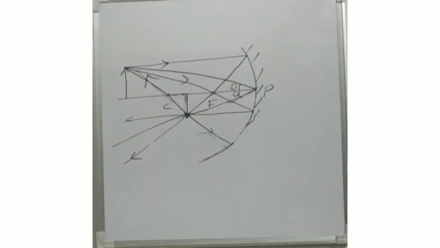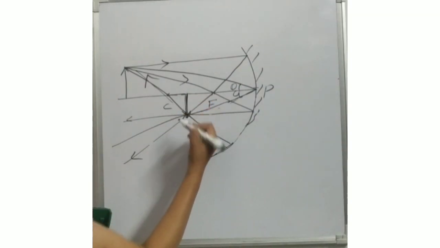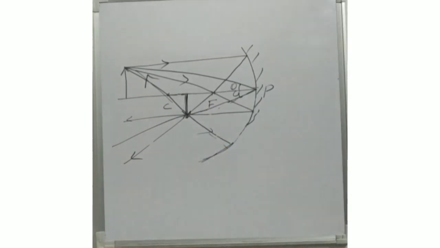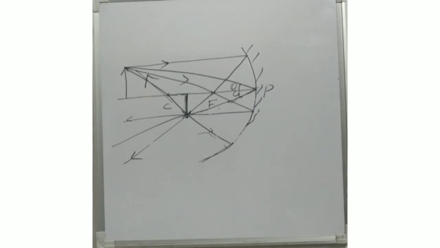Again, it will pass through the same point, which means whichever ray we have taken, all of them will pass through the same point. We will get the same image. But now you can see that the diagram became more complicated. That's why we can take any two rays according to our wish to get our image.